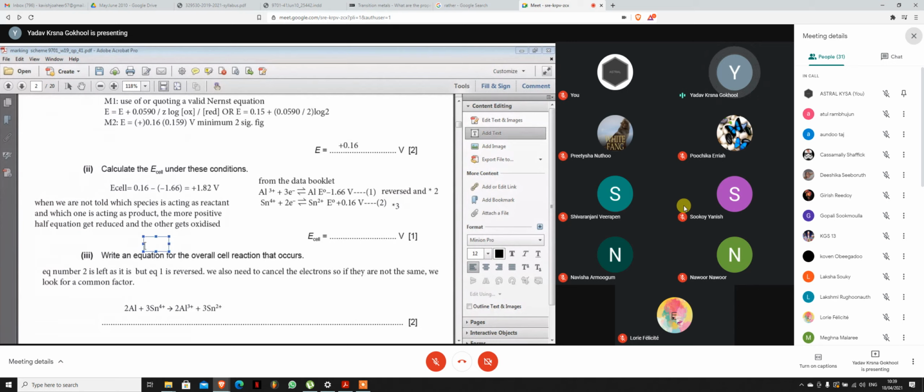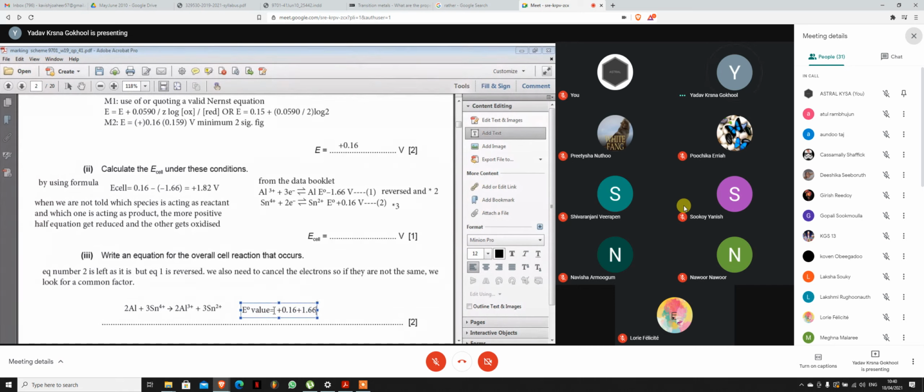So this calculation, if this is by using formula, for those who have problem with the formula, you work out as I have told you: you reverse and you multiply, you are going to get this equation, and then the E naught value is going to be equal to, now it becomes very simple to work out, plus 0.16 plus 1.66.